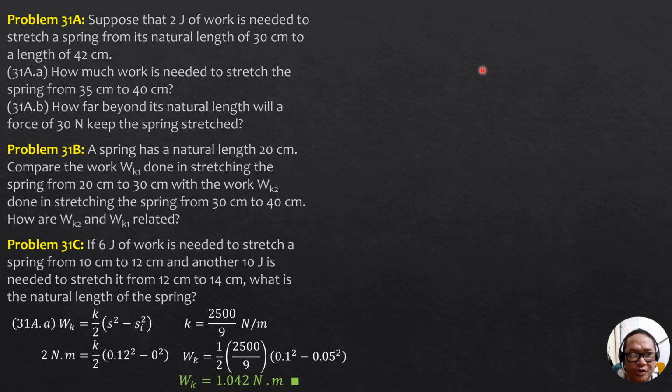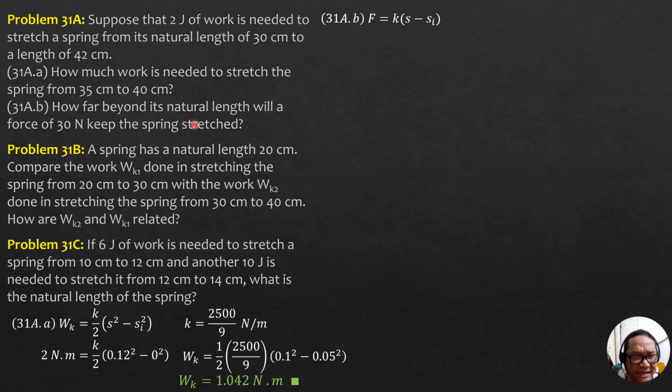or 1.042 joules. For B, force is KS by Hooke's law, and K has been solved. So F is 30 newtons. K is 2,500 over 9. Then, since the question is how far beyond its natural length will a force of 30 newtons keep the spring stretched?